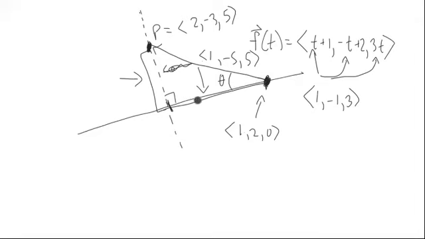So to do that, let's just take this dotted with this, which is in line right here. But the trade-off is whatever you project onto has to be a unit vector in order for it to be a projection if we do the dot product. So we need to make this a unit vector. Let's line this up. We have 1, negative 5, 5. We're projecting it onto 1, negative 1, 3.